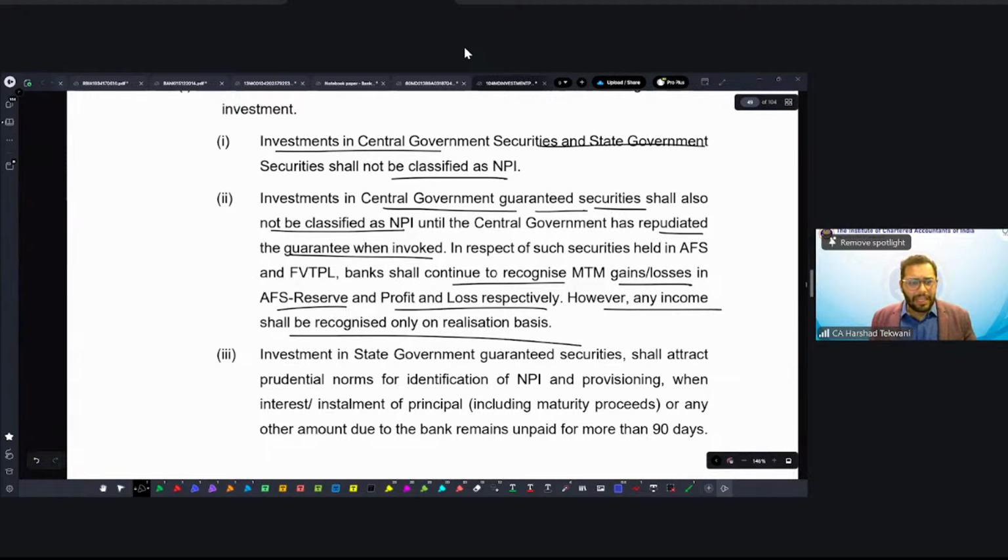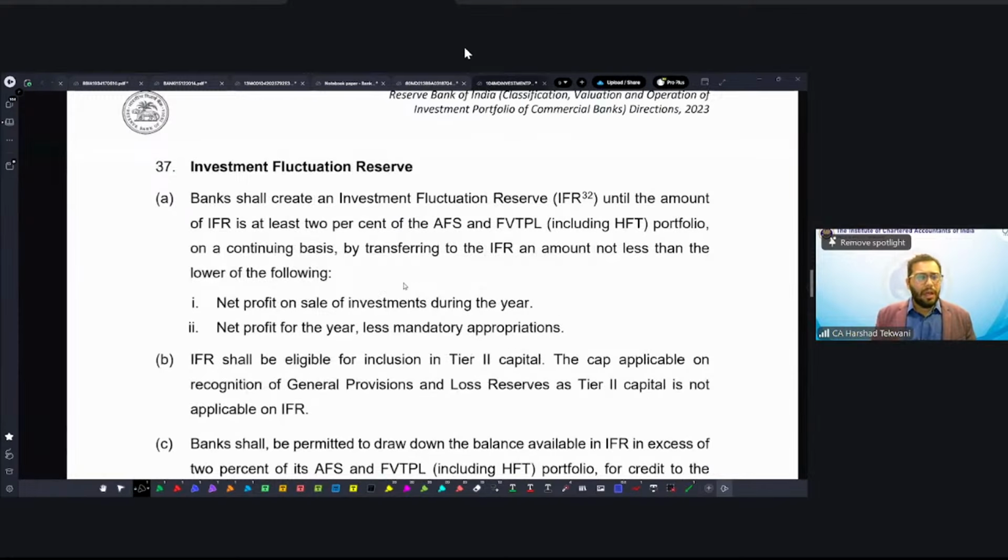Again, you might have heard that banks are required to create investment fluctuation reserves at a 2% level. That is also part of the regulations: the IFR should be created at least 2% of the AFS and FVTPL on a continuous basis.